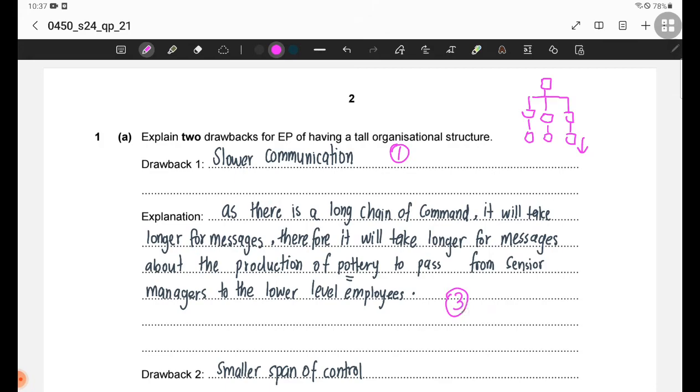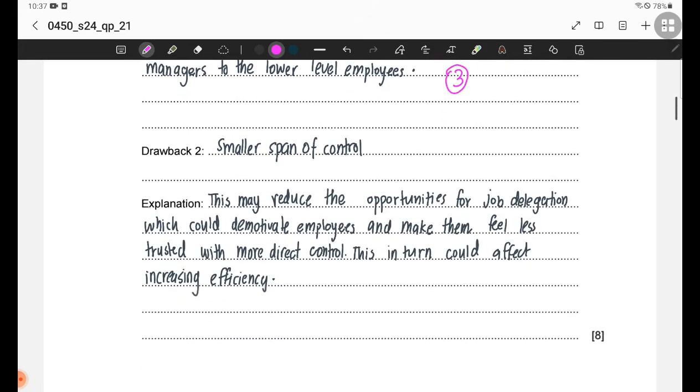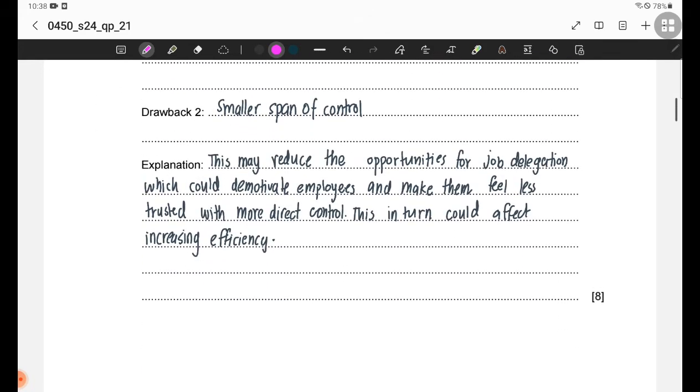The next drawback is having a smaller span of control. Not many of you might think of this as a drawback, but it actually is in some cases. Why? This will reduce opportunities for job delegation, and we know that job delegation is one of the motivators for employees.